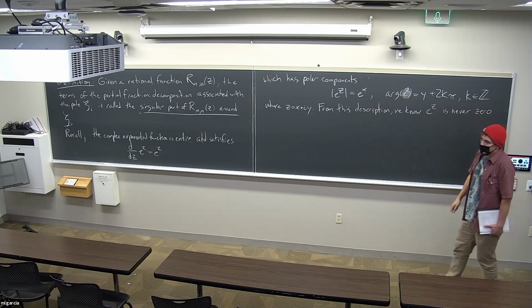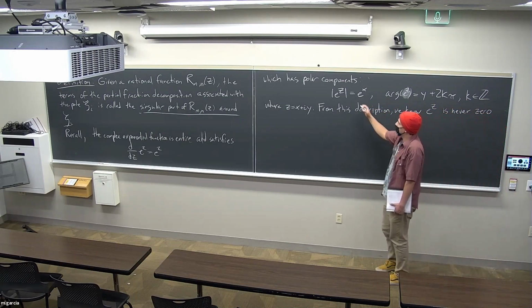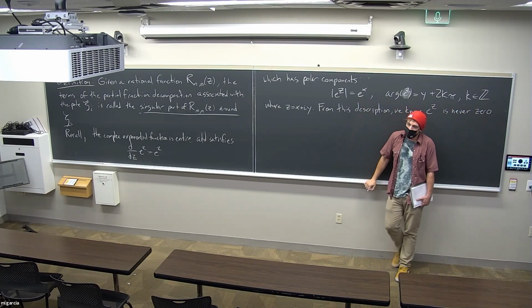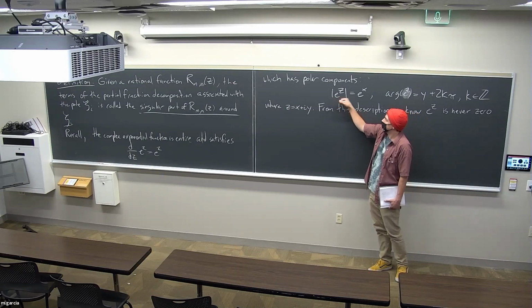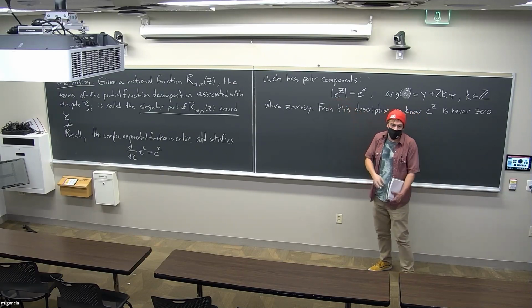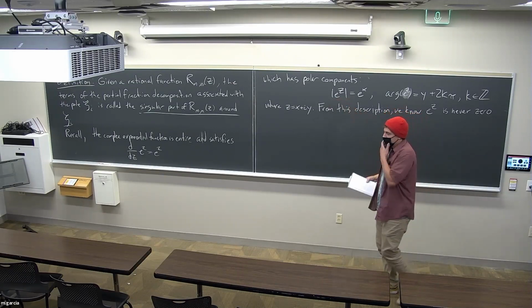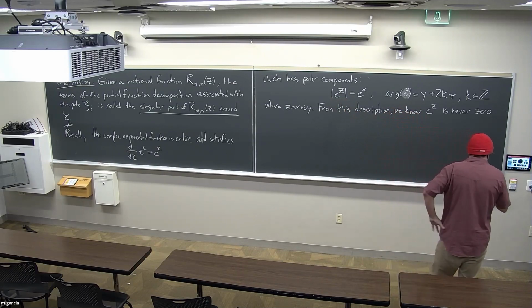Because it always has modulus described by the standard real exponential function, right? And the real exponential function is never 0. It's always positive. Why this makes sense here, right? Say that a modulus is given by this function. Okay?